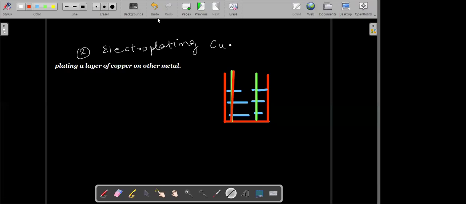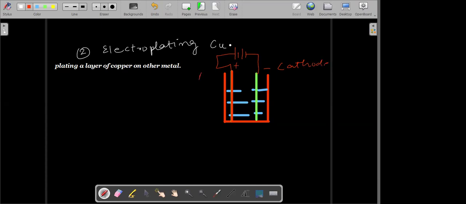The other one which is to be electroplated, suppose I want a steel spoon or any other substance, will be made the negative charge. So I connect this one to the positive, this one to the negative. This is negative, which is the cathode, and the positive is the anode.